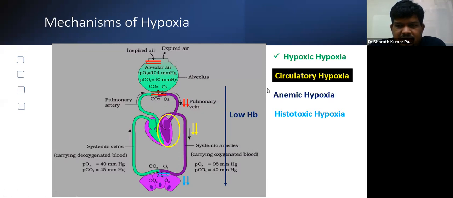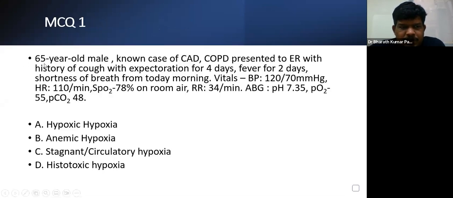As I said, when we are discussing the mechanism of hypoxia, any abnormality at the level of alveolus, either because of the decreased partial pressure of oxygen in the atmosphere or any abnormality at the level of alveolar capillary interface, causing decrease in the oxygen concentration in the pulmonary vein that carries blood to the left side of the heart, this is called hypoxic hypoxia. So if you go to our question now, the patient is having hypoxia, that is for sure, either from SpO2 or from PO2 level in the ABG.